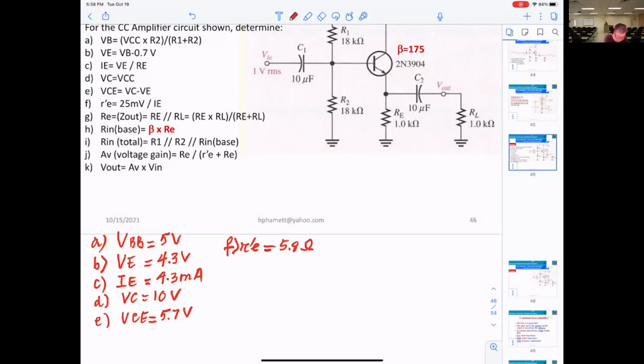Okay, next, R small e. That's the same thing as the output resistance. It will be equal to R big E parallel RL.